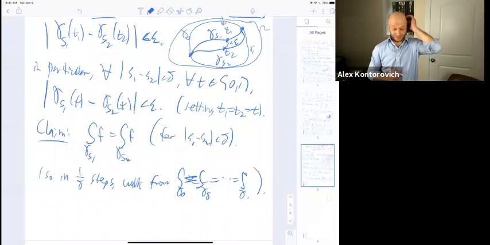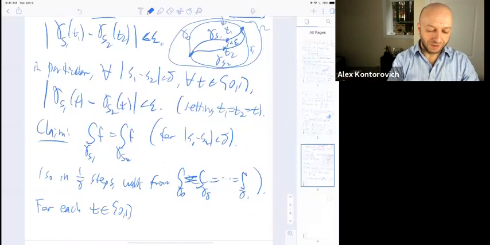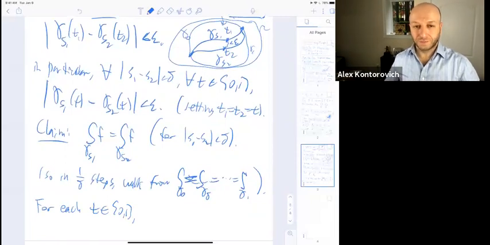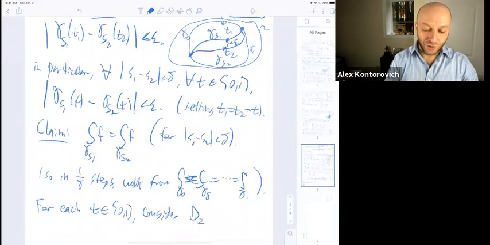Okay. Now let's look at this claim. So for each t in [0, 1], I can take a ball, consider the disk of radius 2 epsilon around gamma S1 of t.